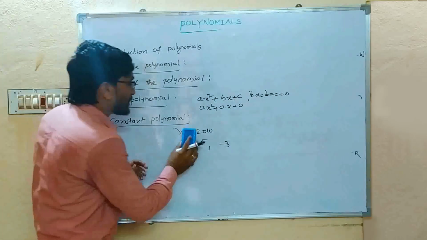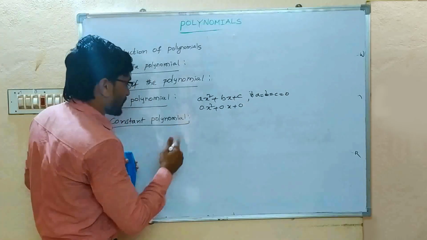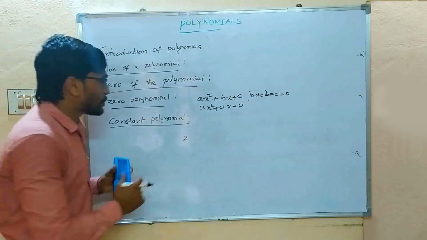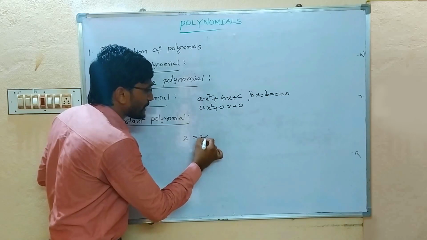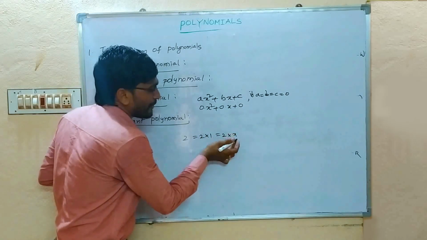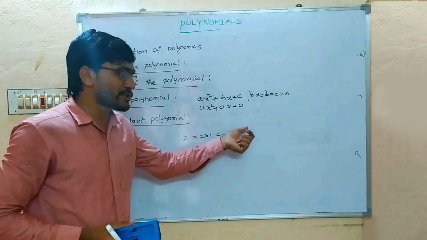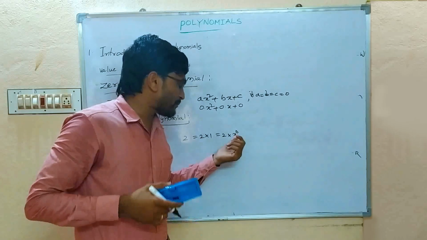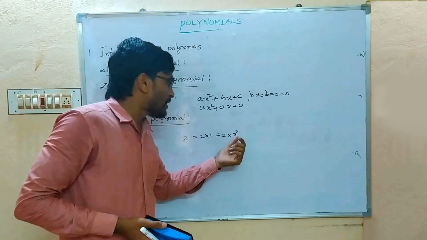So first I want to tell the degree of a constant polynomial. I want to consider 2. 2 is a constant polynomial. 2 I want to write as 2 into 1. Nothing but 2 into 1 can be written with variable power 0. x power 0 is nothing but 1, y power 0 nothing but 1, t power 0, all are 1s.